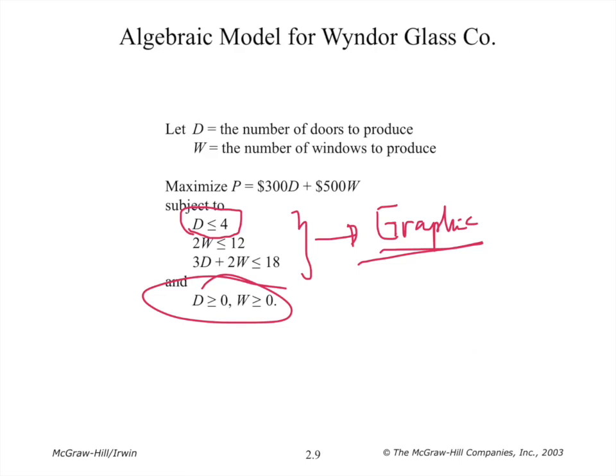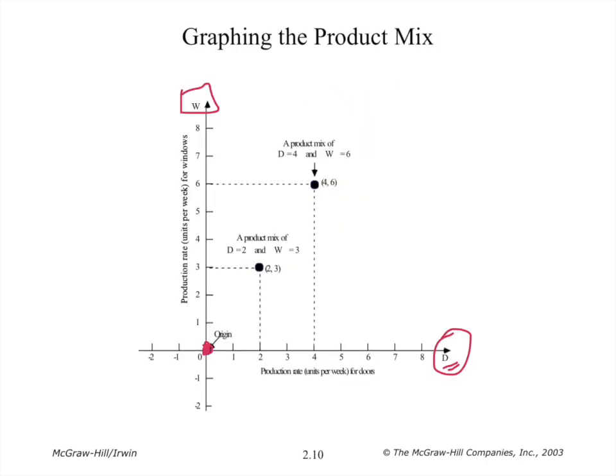So we can plot doors equal to 4. This line is doors equal to 4.